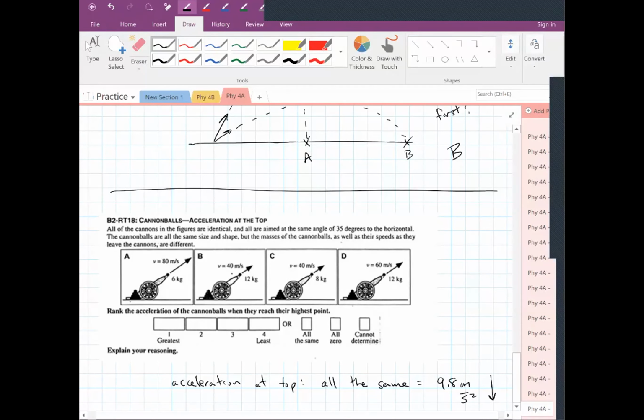Okay. All right, let's do the same problem again, but this time rank them according to the velocity at the top of their path. The velocity.